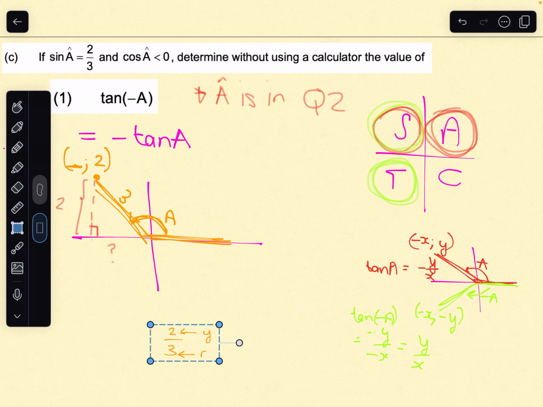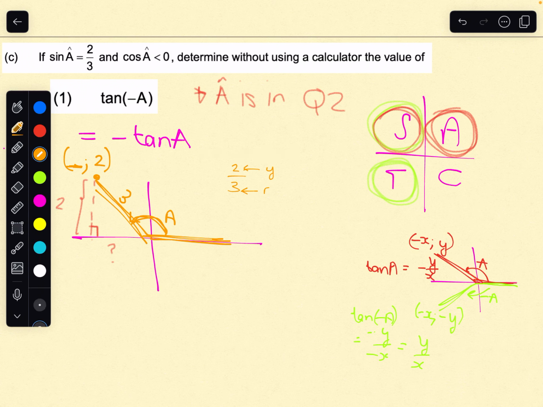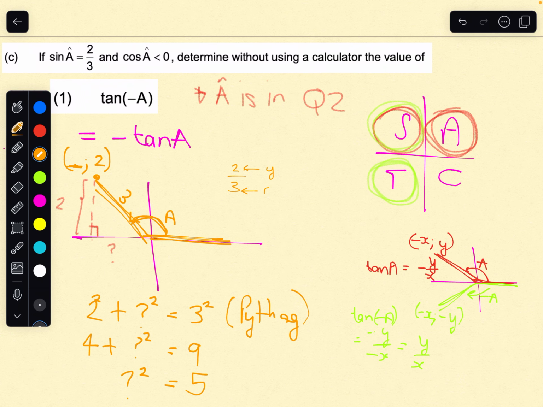So 2 squared plus the unknown squared is equal to 3 squared. That's because Pythagoras said so. So that's 4 plus something squared is equal to 9, meaning that the something squared is 5.